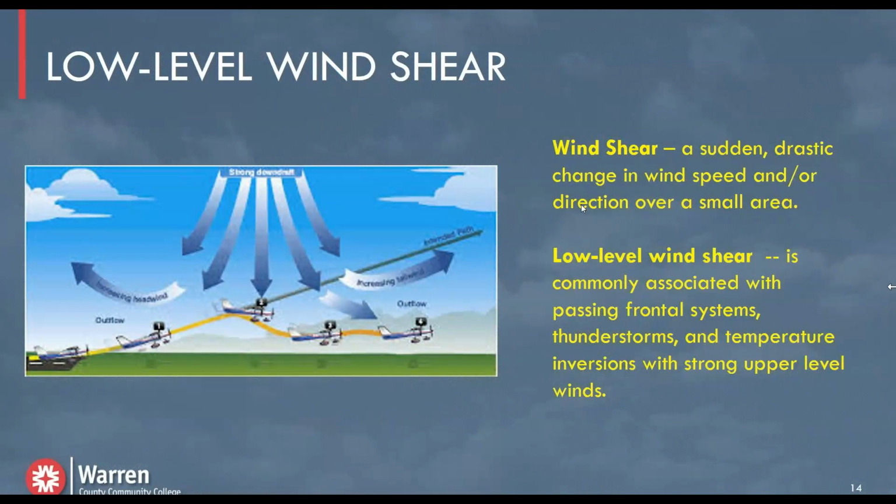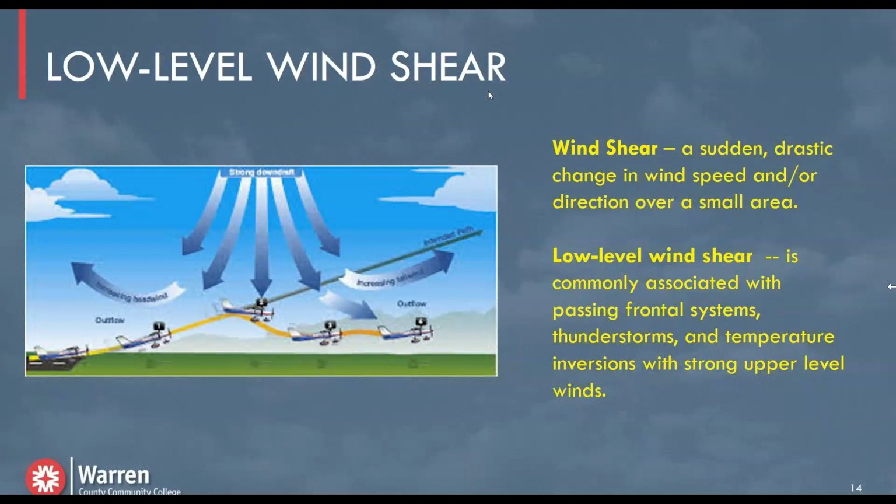So you also want to remember that these downdrafts, headwinds, and tailwinds are accompanied sometimes by wind shears. And wind shears are a sudden, drastic change in wind speed and or direction over a small area. So you can feel in the one area, if you look at our example again there, 1, 2, 3, 4, that everything's fine for takeoff, and then you hit that, and then you realize you have a problem, and it's probably too late.